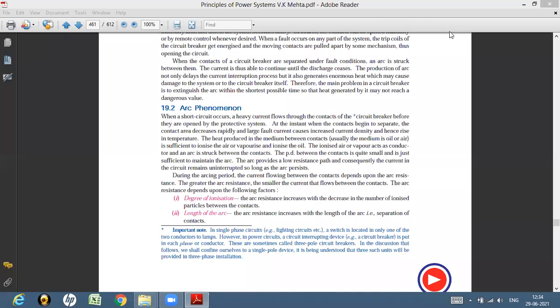Today we will discuss the arc phenomena that occur in a circuit breaker, and how an arc is generated when the contacts of the circuit breaker are operated.